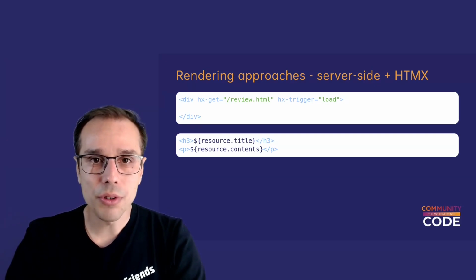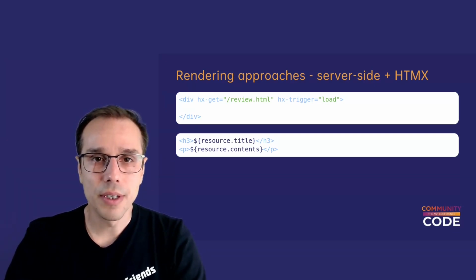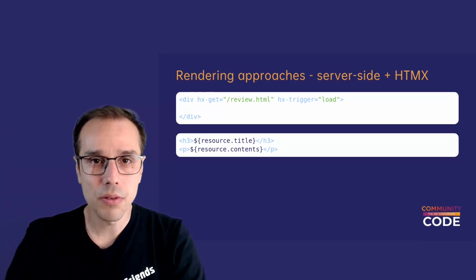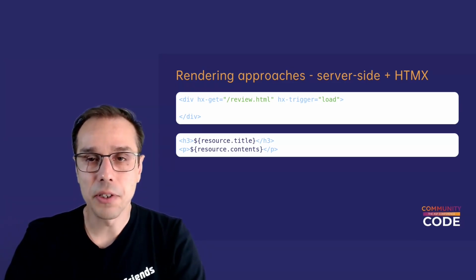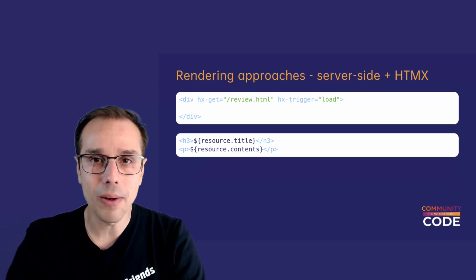In our example, the first snippet tells that the contents of the div need to be replaced with whatever is served by /review.html via a get call. And the trigger is going to be the load event, but of course you can have other triggers, like clicking on buttons, scrolling, etc.